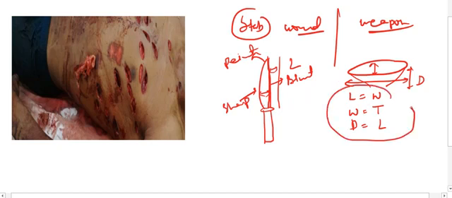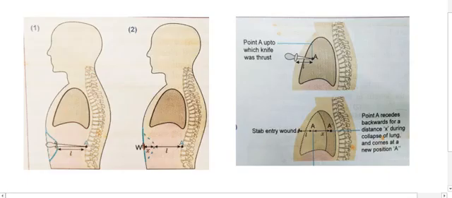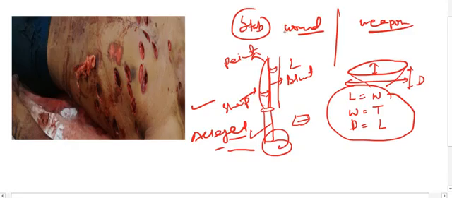So these are the features in relation to the alleged weapon of offense, so that we can correlate the injury caused on the body with the alleged weapon, and say whether these are the injuries caused by the alleged weapon or not. For that we will be discussing the single-edged weapon and the double-edged weapon.